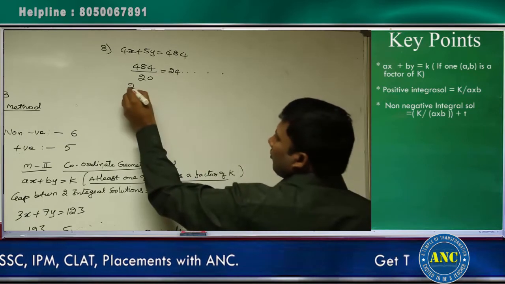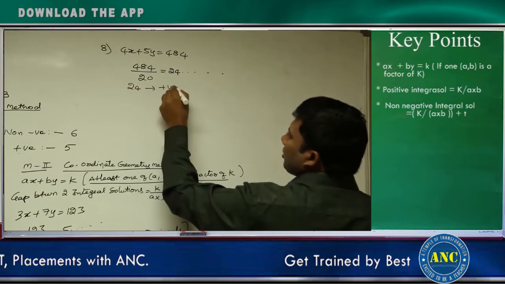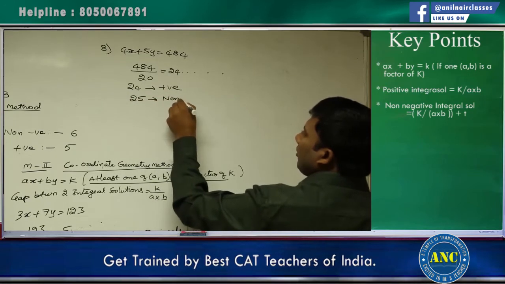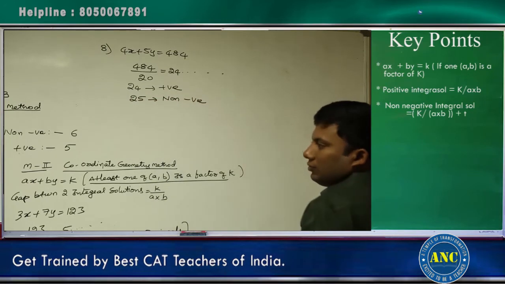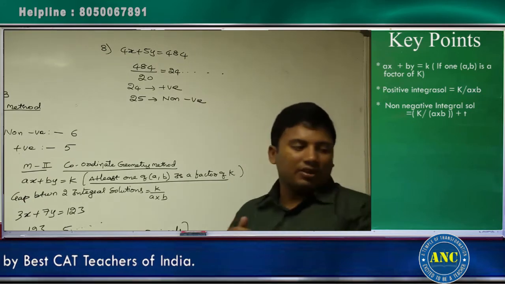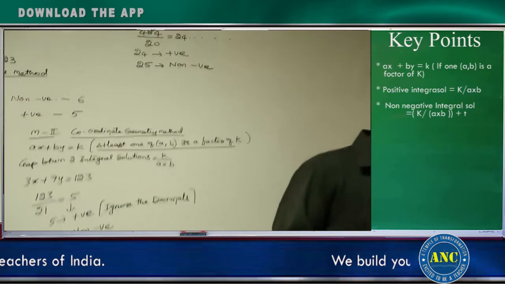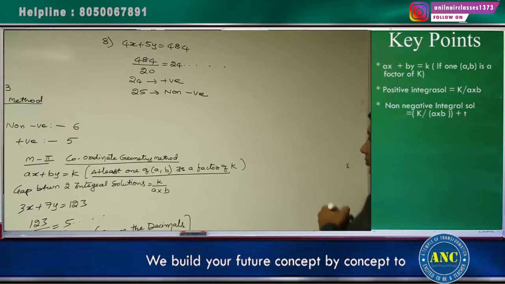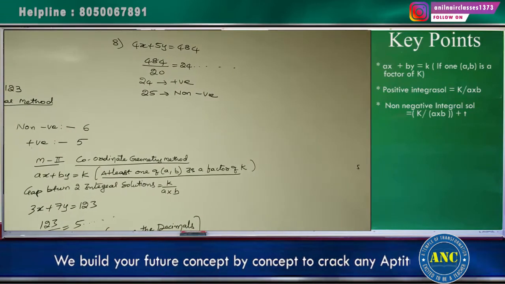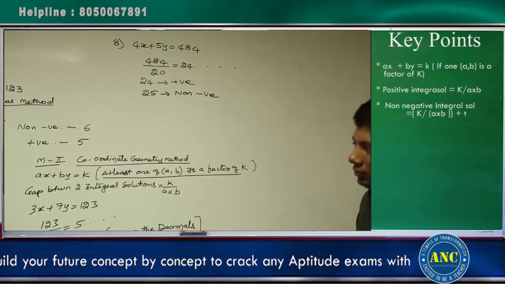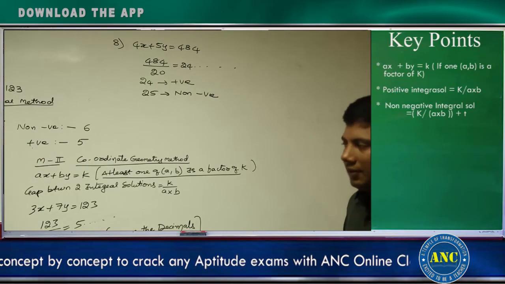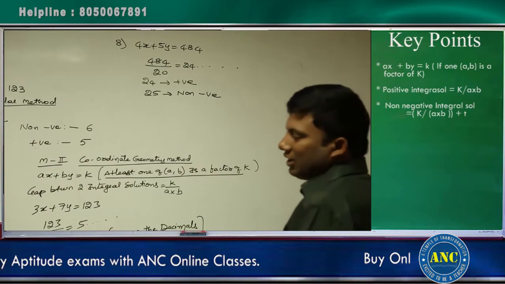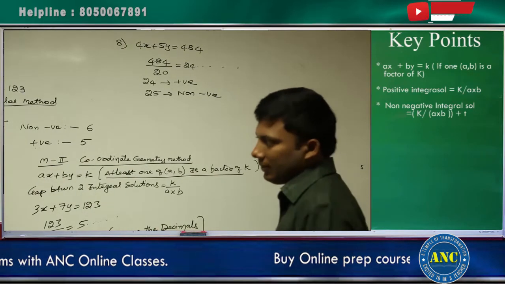So 24 will be the positive integral solutions, and 25 will be the non-negative integral solutions. Once you understand, it is a direct, single step answer.